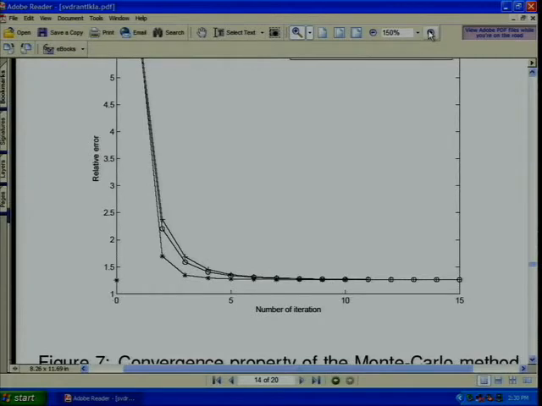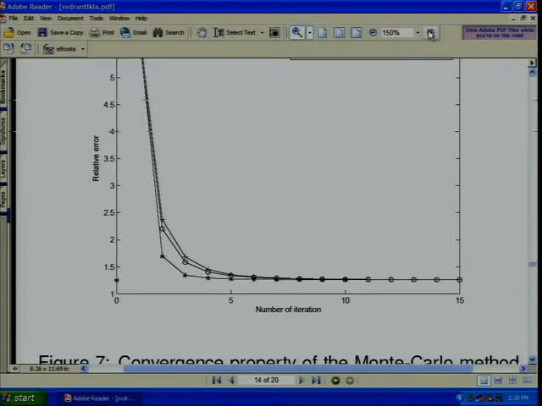Yes. Right. The error there is measured in the Frobenius norm. So let's see. The error here, I think, is in the Frobenius norm. I want to approximate rank 80, let's say, for example.